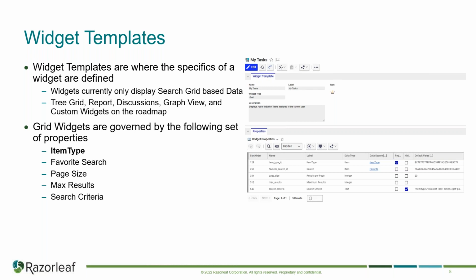One is your item type, which is required, essentially setting what information you'll be showing in that widget. You can also set up your widgets to display a favorited search or a saved search, and determine what kind of search criteria will be displayed in that widget. And that's something we'll go into a little later with our demonstration.